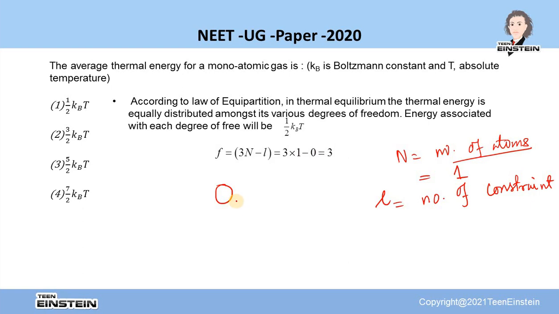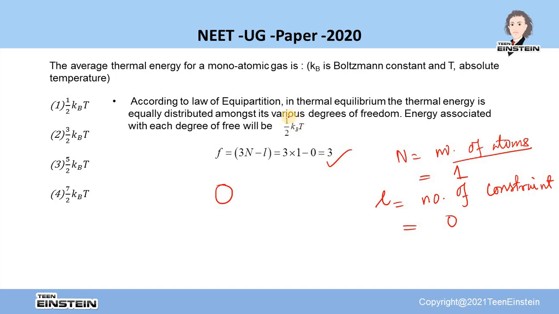There is no vibrational degrees of freedom and no rotational degrees of freedom, and there is no constraint equation which limits its translational motion. So therefore L is equal to 0, and hence we see the degrees of freedom for a monatomic gas will be 3 into 1 minus 0, that is 3.